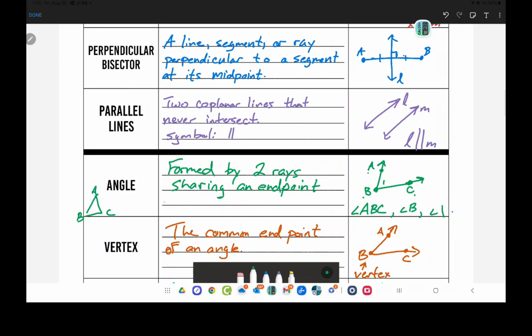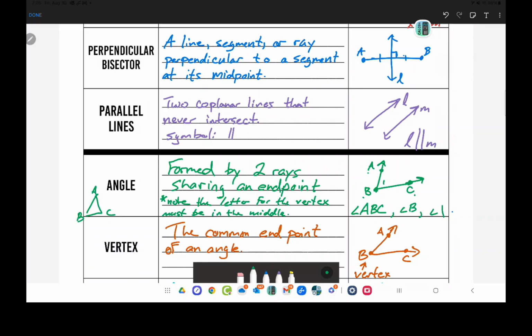And a little note. The letter or the vertex must be in the middle. I'll talk about vertex. Vertex is where the two rays share that endpoint, the common endpoint of the two rays.